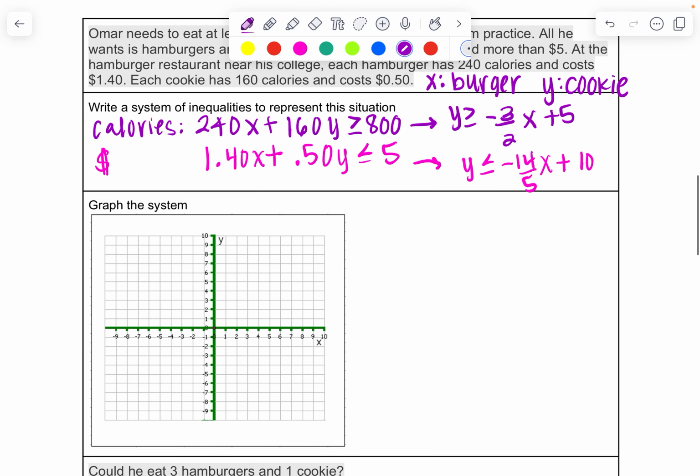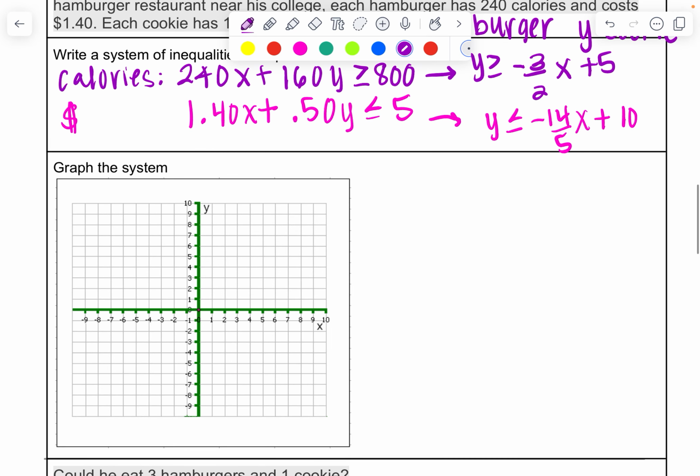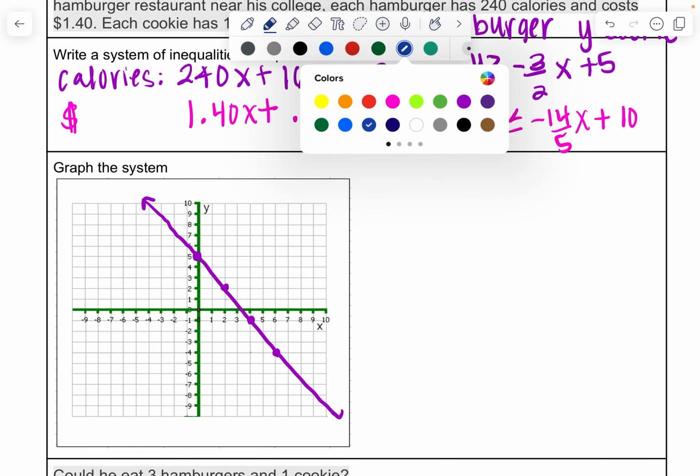Graphing my first one, I have a y-intercept of 5. My slope is negative 3/2, so down 3 over 2. That one is greater than or equal to, so we'll shade above.